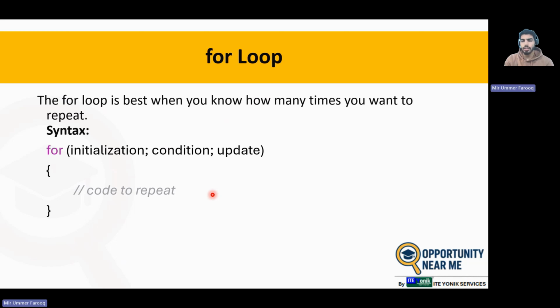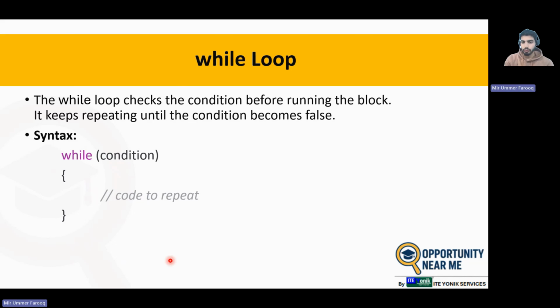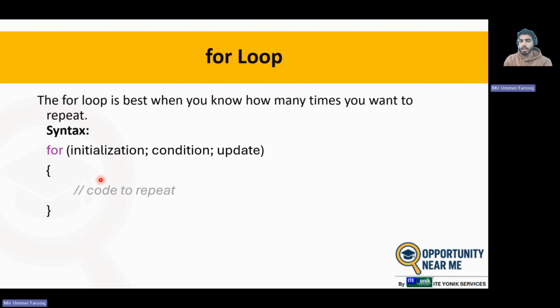Now there is a condition. Obviously sometimes you will not be able to know how many times the loop should run. So for that we have the while loop. In while loop we first write the condition, then we write the code, and inside this code we write our updation. In the for loop, our initialization, our condition, and our updation were in the same line.